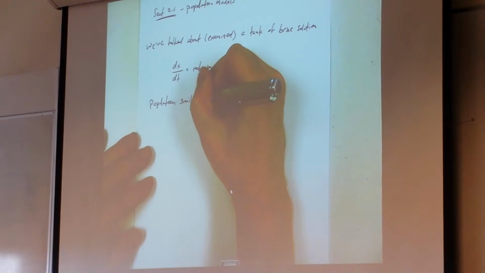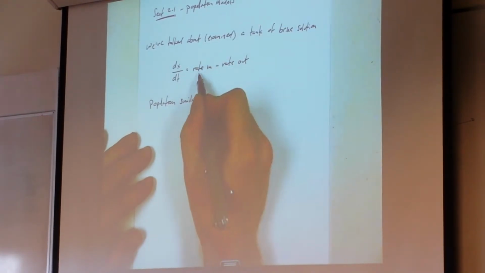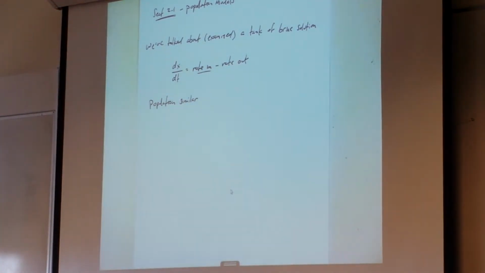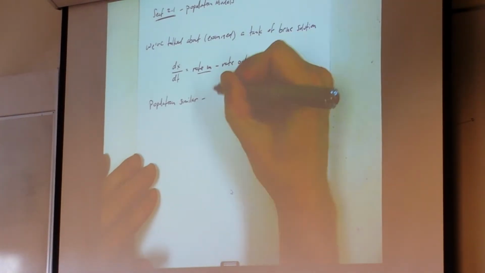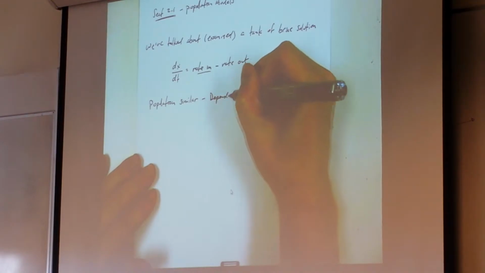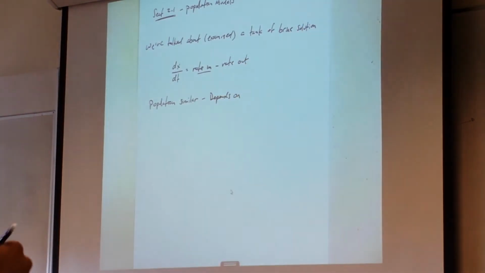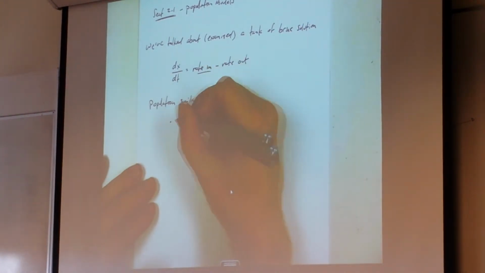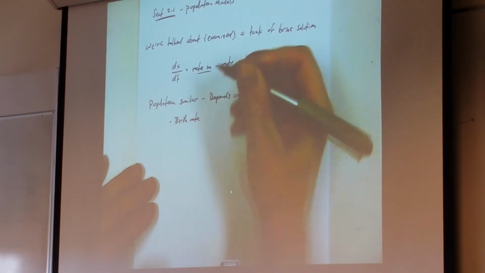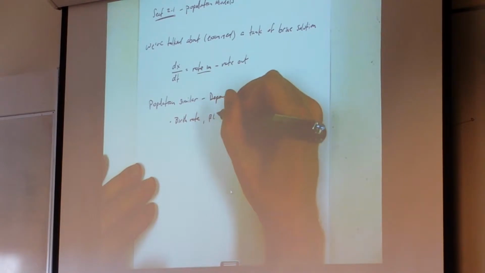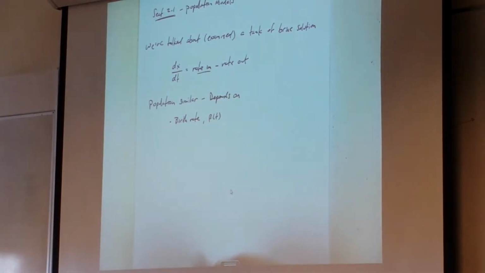A little morbid, but instead of rate in, we're talking about birth rate or something. Rate out, people leaving the population, whatever these individuals are, cells or people or whatever. So among other things, a simple population would have to take into account birth rate. We'll call that beta of t as a rate.